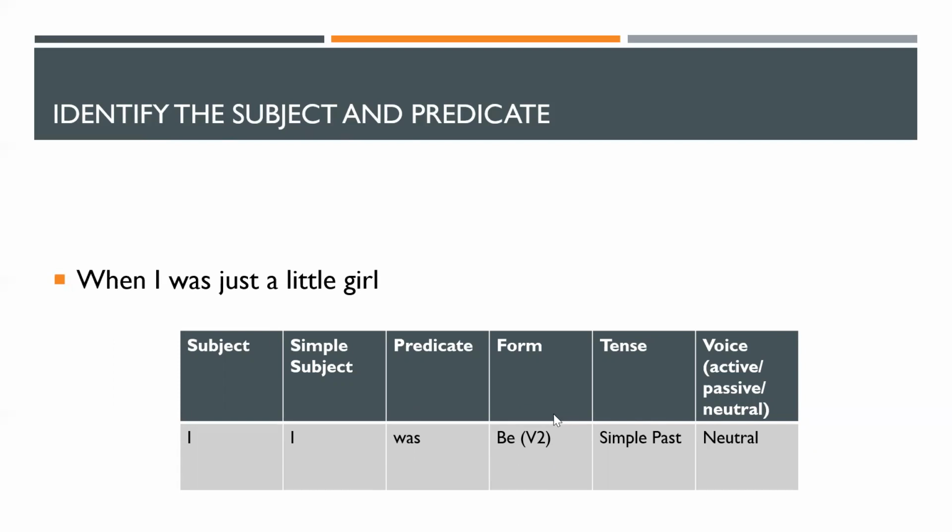Because we have here the verb to, the tense is simple past. Okay, because here we have only be without any verb, this one is neutral. Because if it is only be, it is neutral. Like what we have in bahasa is like adalah. Because we don't have any mengadalah, diadalah, so adalah is actually neutral. It is not active, it is also not passive. Get it?